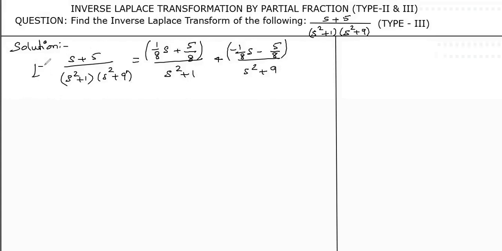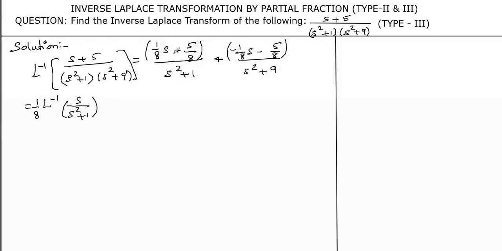So the Laplace inverse of this becomes, what happens? It will be Laplace inverse of, see 1 over 8 is a constant term, we can take it outside, and s will be in the numerator, so s by s square plus 1. See this numerator, 1 over 8 times s plus 5 over 8, is common to this denominator.